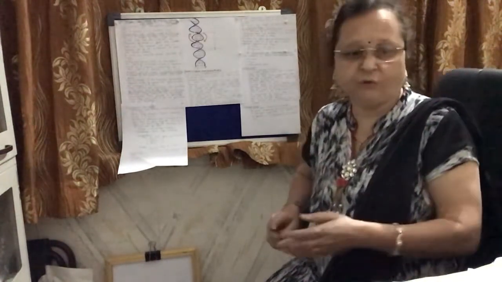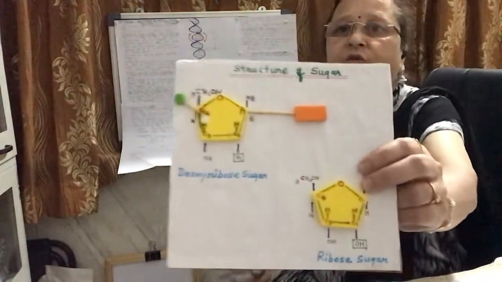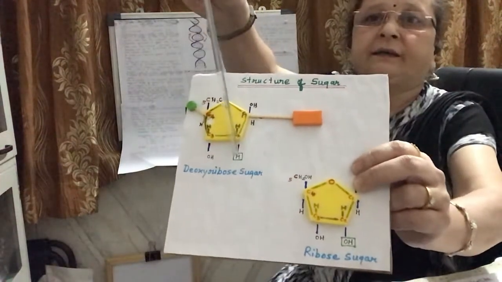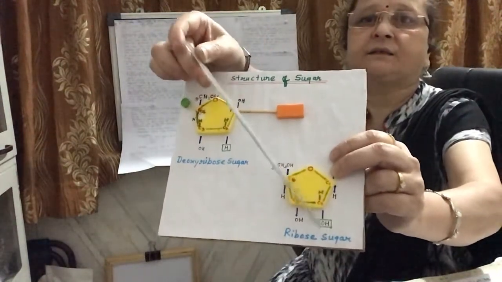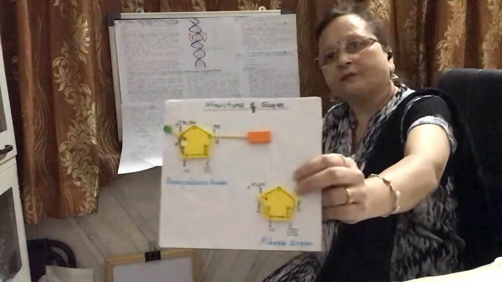So if the oxygen is removed, that is called deoxyribose sugar. See here, deoxyribose sugar I have highlighted, and in the other the hydroxyl functional group is there, that is the ribose sugar, but all the other structures are the same.